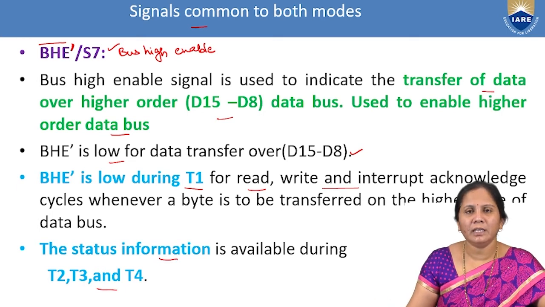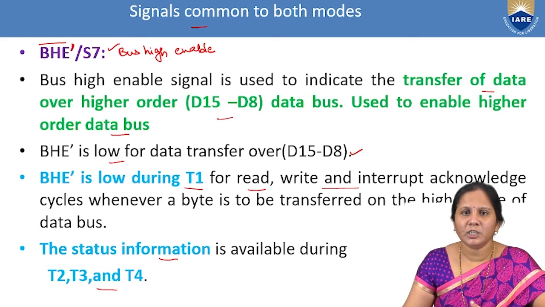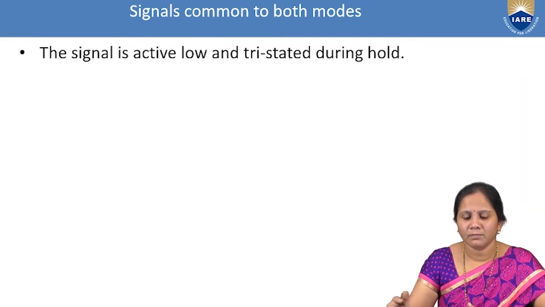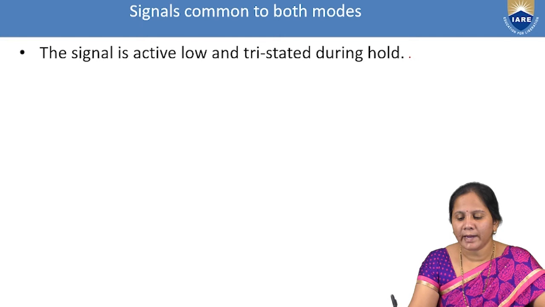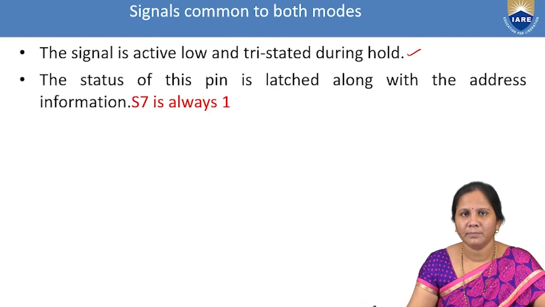So, for any signal we discuss, we have to talk about the relation with the bus cycle. That is, during T1, what is the function, and in the remaining time cycles, that is T2, T3, TW and T4, what is the status. The signal is active low and tri-stated during hold.